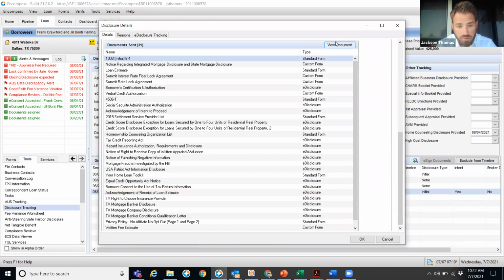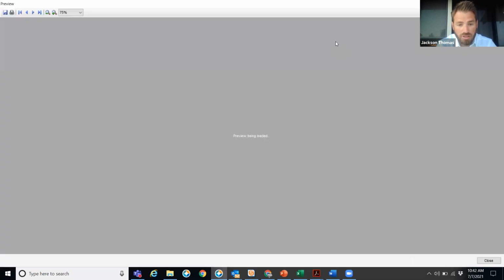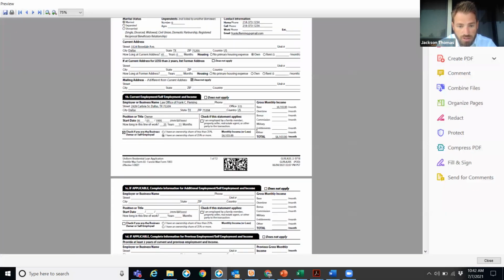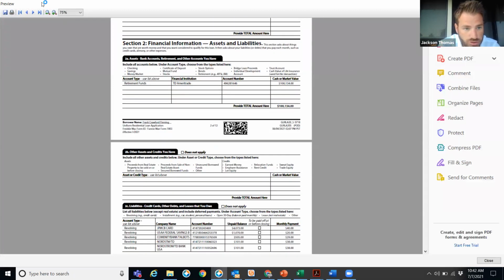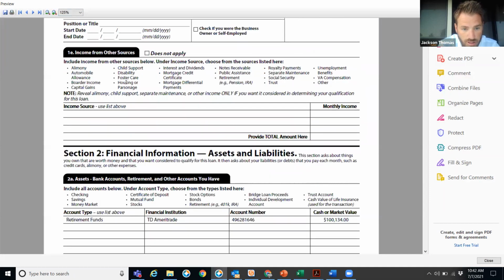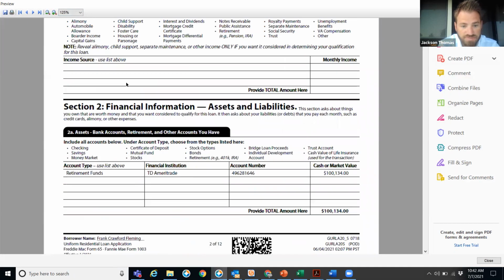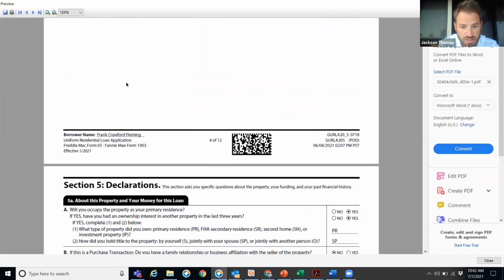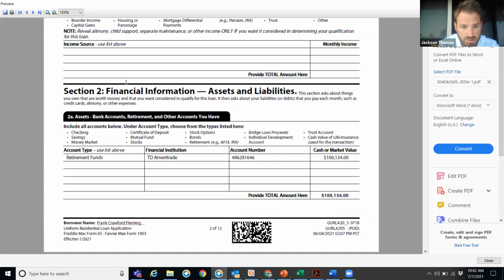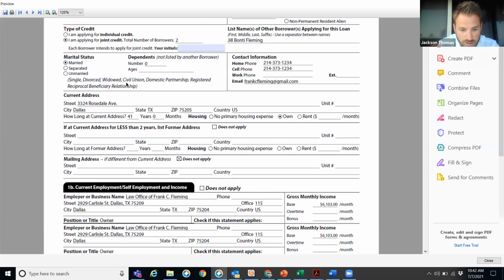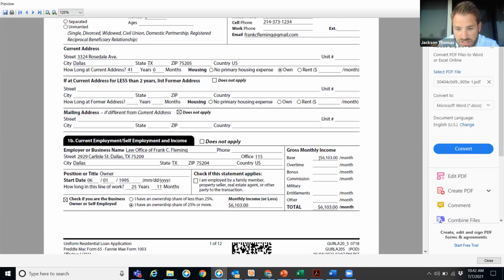So for example, if we're looking at this particular file, when this file was submitted into processing, let me zoom in, where's the 1003? Where's that income? Okay, here we go, 6103.